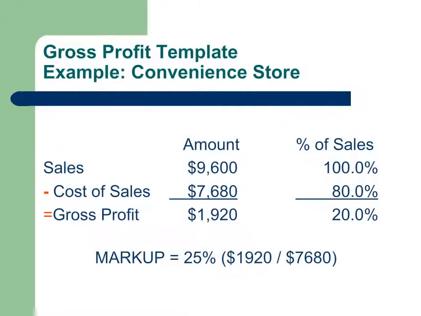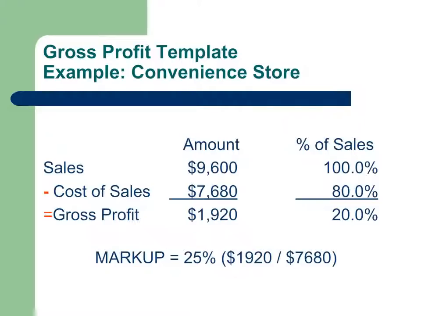Gross profit divided by cost equals the markup percentage. 1,920 divided by 7,680 equals 0.25 or 25%. So a gross profit percentage of 20% is equal to a markup of 25%.